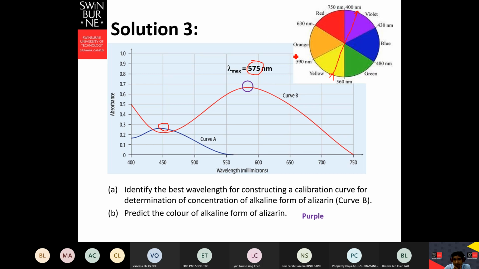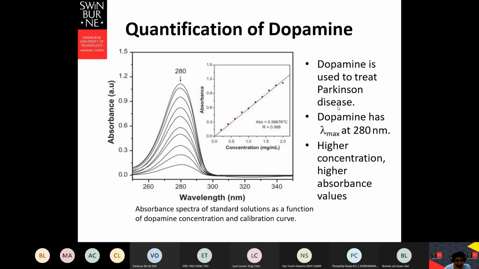So it is 440 like that. Here 440 is here maybe. So we will see orange color. To our eyes, it will be orange color.